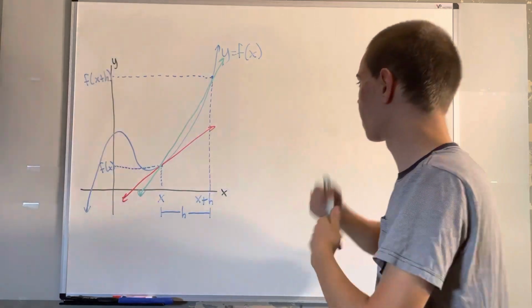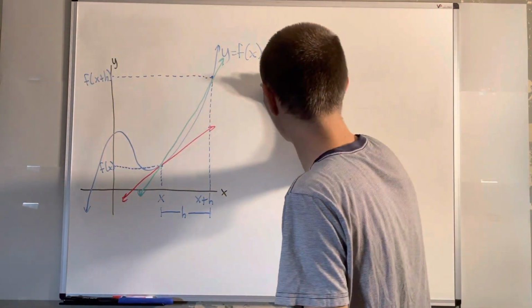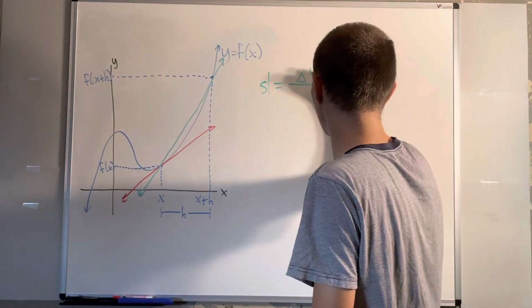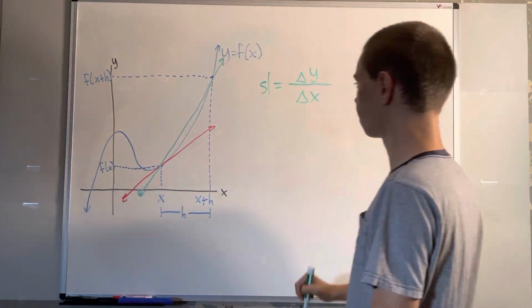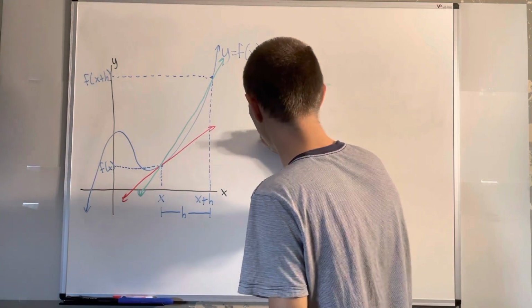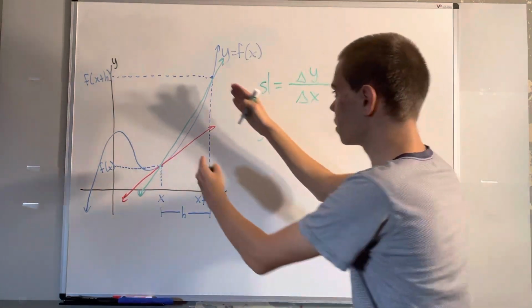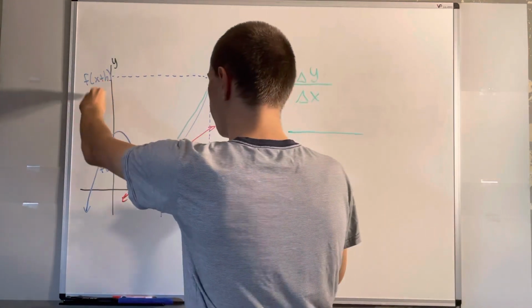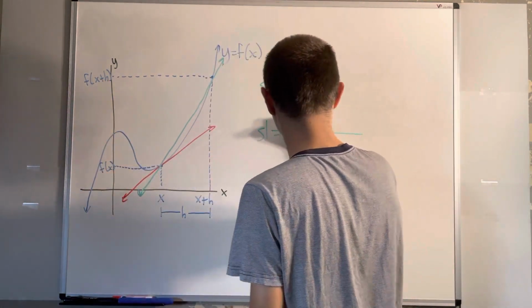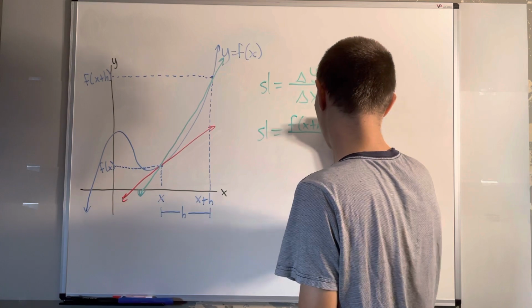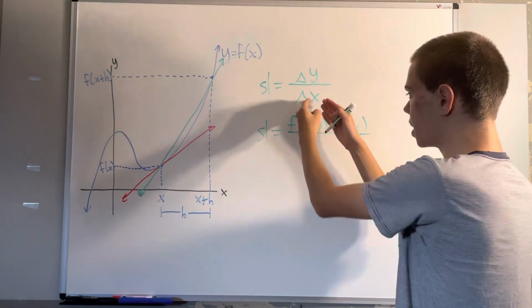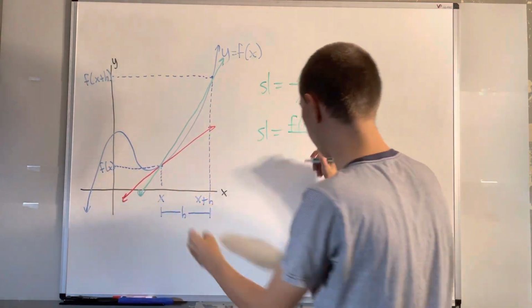So let's do that. We know that the slope of a line is just change in y all over change in x. And we can, of course, apply this idea here. The slope of this line, well, the change in y is just f of x plus h minus f of x. And the change in x would just be x plus h minus x.